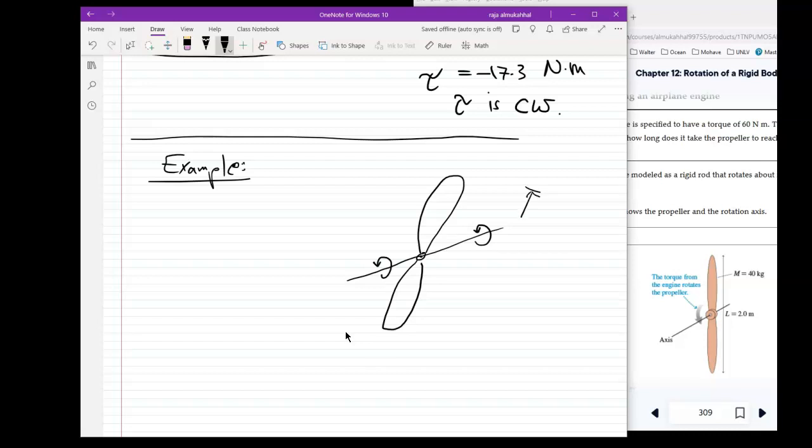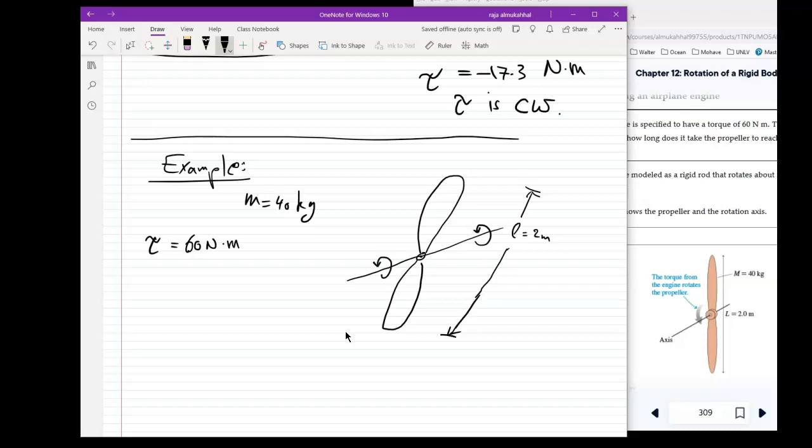I'll just go like this. It's 2 meters. I'm going to call it L equals 2 meters. And the mass of the propeller is 40 kilograms. And the torque that is causing the propeller to rotate is 60 Newton meters, okay?